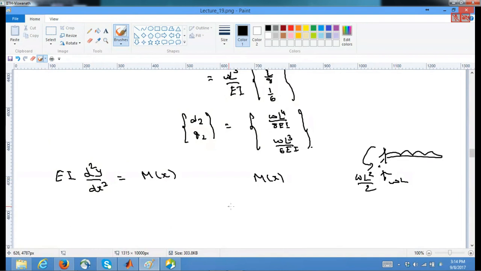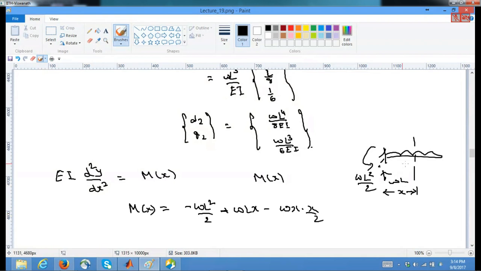So I think I'm out of my mind today. Anyway, if I take a section at this distance, what I will have is minus WL square by 2 plus WL into x minus Wx into x by 2.